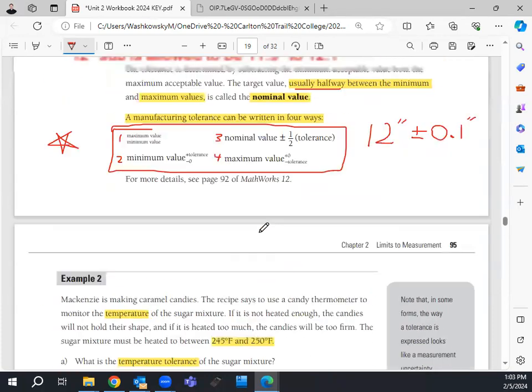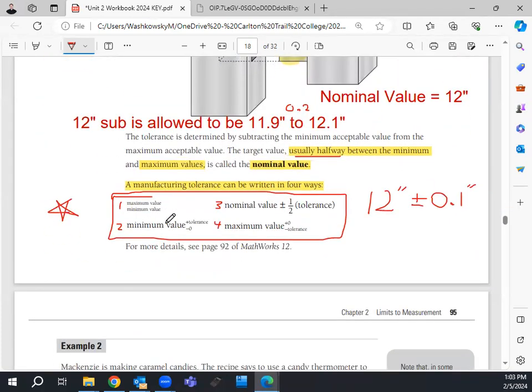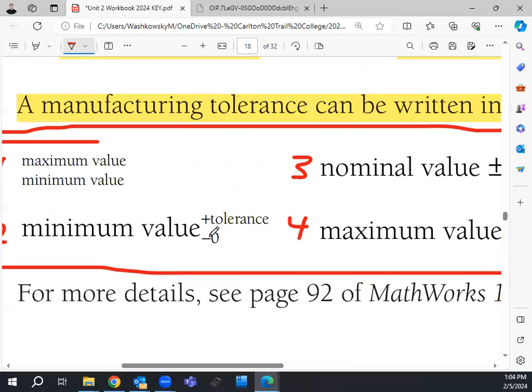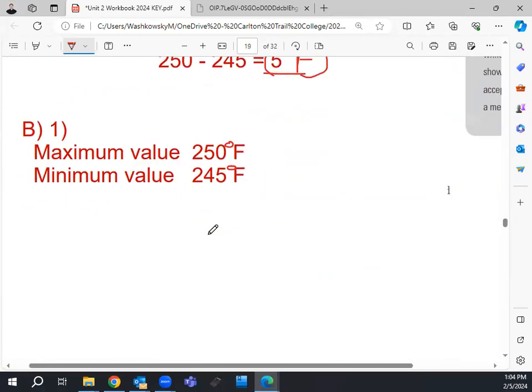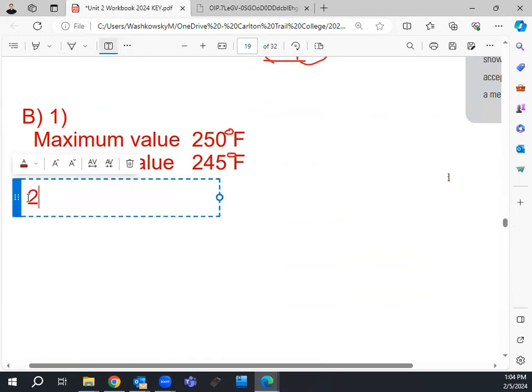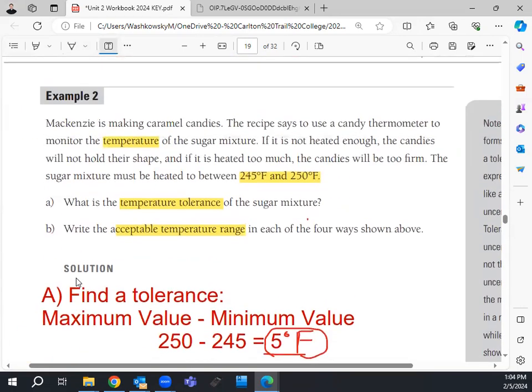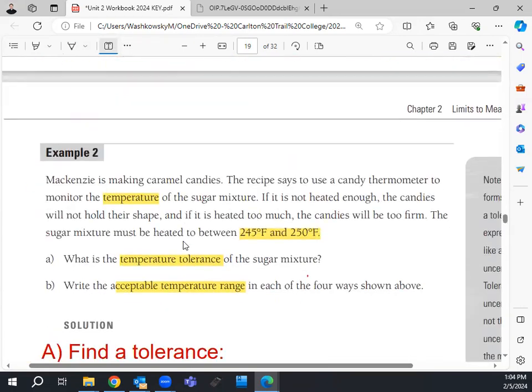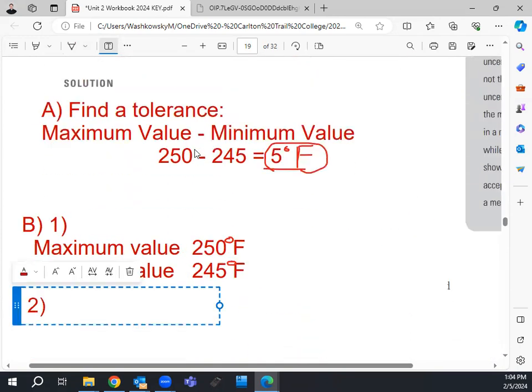So let's write it in the other form here, which is this one, the minimum value, I'll zoom in, plus the tolerance minus 0. What the heck does that mean? Let's find out. So I'm going to do number 2. To do this, I have my tolerance and I have my minimum value.